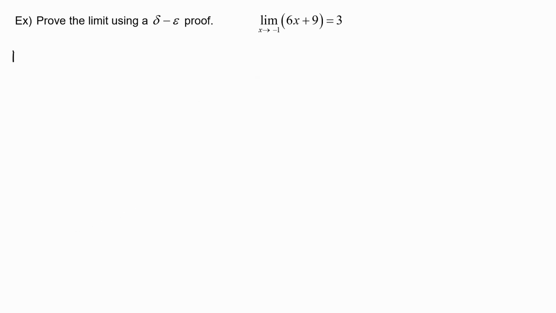So we have proof: given epsilon greater than 0, choose delta equals, we don't know yet, so we'll leave that blank.